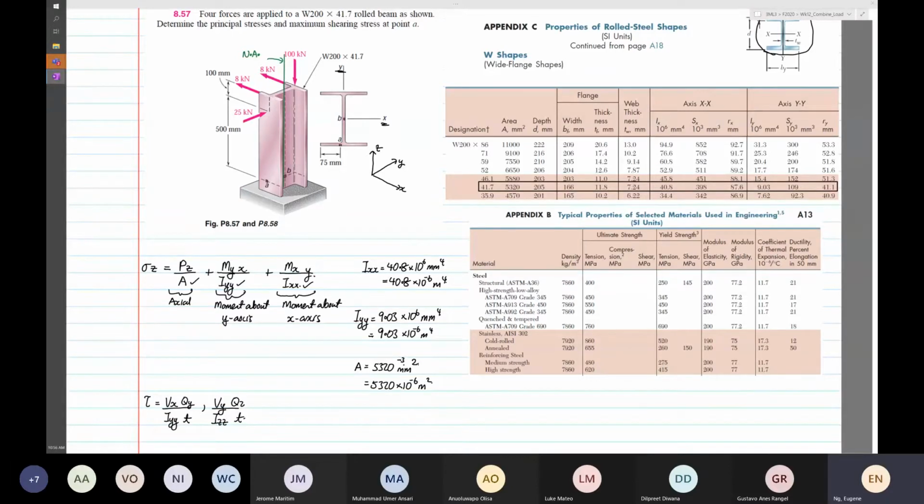Wrong direction. So familiar, Ixx, Qx divided by t. Again, we know our Iyy, we know our Ixx. For this case, there are things that are important.